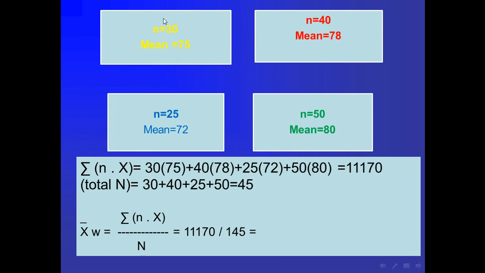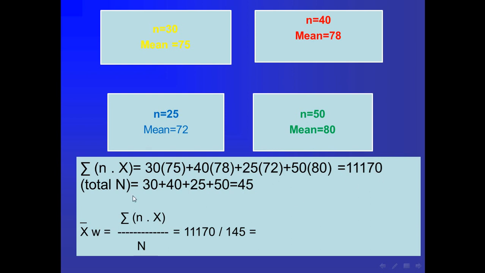This is a summary of the example. The number of students in the first class is 30 and the mean 75, the second class number 40 and the mean 78, the third class number 25 and the mean 72, and the number in the fourth is 50 and the mean is 80. So we multiply the number of students by the mean of each class, and it is equal to 11,170.